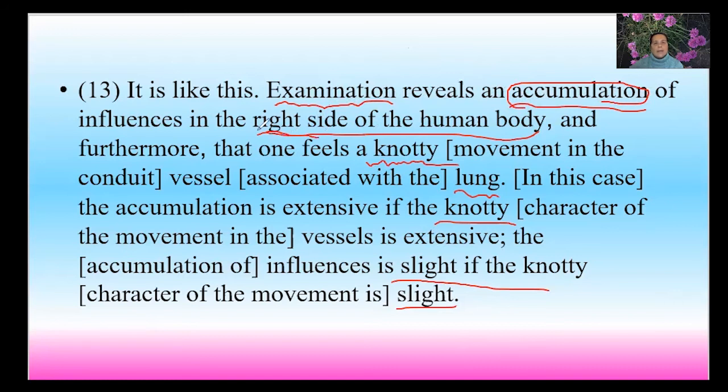The right side is the relationship with the lung. So if the patient has right side stagnation, we will feel the knotted pulse on the right side. Severe stagnation, severe knotted pulse; slight stagnation, slightly knotted pulse. So truly the pulse should match the unit.